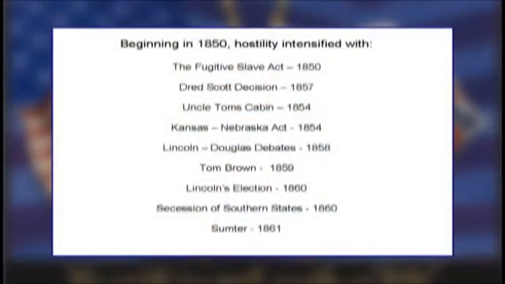The Dred Scott decision, some people talk about the fact that the Dred Scott decision repealed the Missouri Compromise because a slave in a free state in Missouri was declared a non-citizen and therefore could not be freed and had to be returned to his owner.